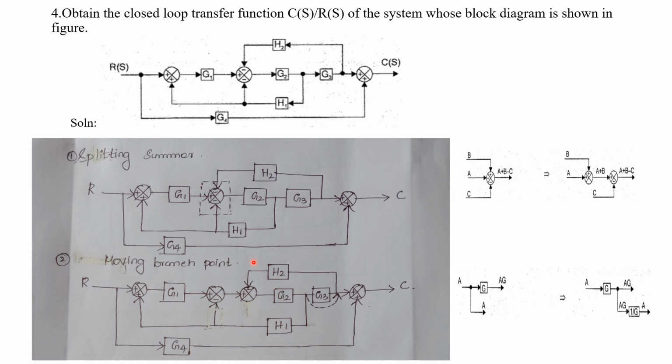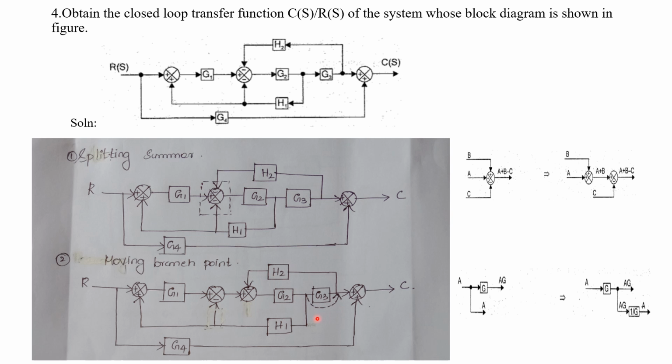Now after drawing this diagram, what operation are we going to perform to further reduce this block diagram? By keeping this diagram as such, we cannot reduce it further; we cannot apply any feedback formula or parallel formula.